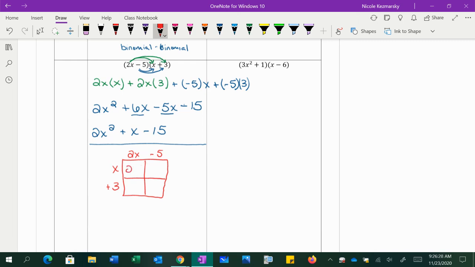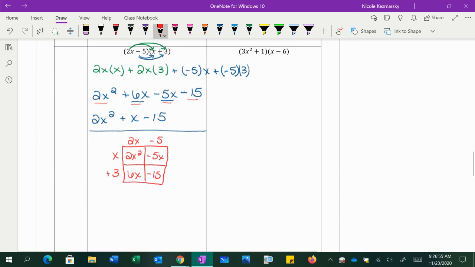2x times x is 2x squared. 2x times minus 5 is minus 5x. 2x times 3 is 6x. And -5 times 3 is -15. And hopefully what you see right now is in the box, the 4 elements in the box are the same as the 4 terms that we got when we did our double distribution.